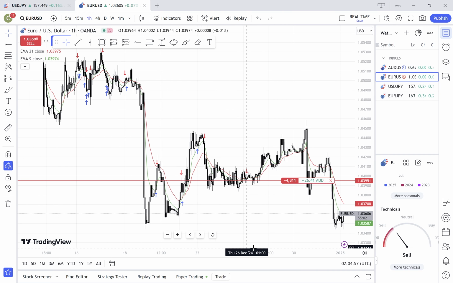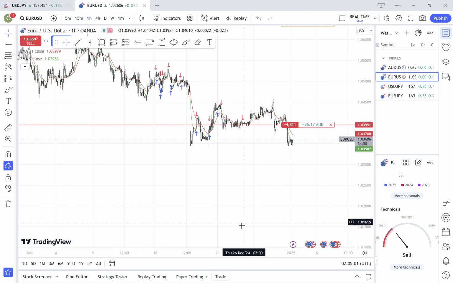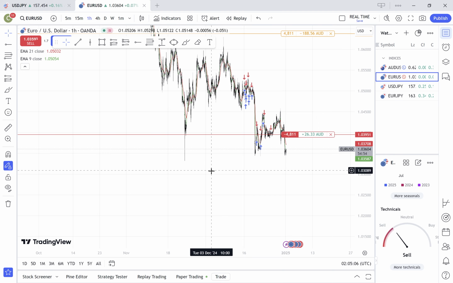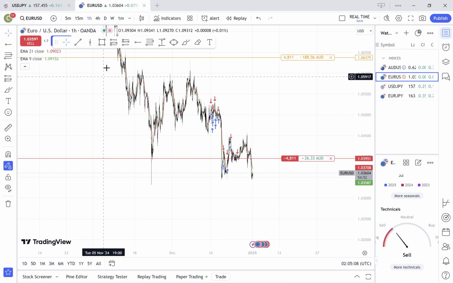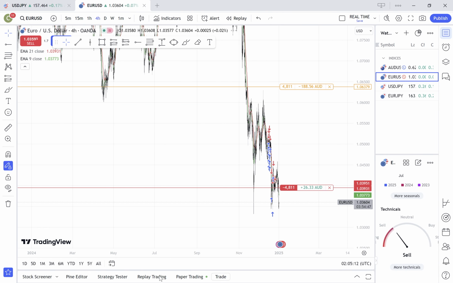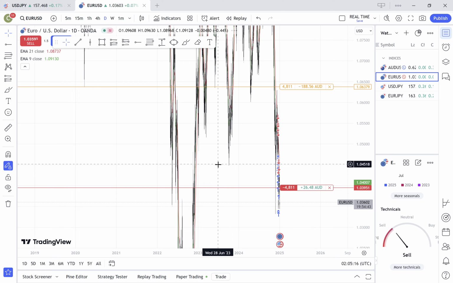So going about the chart here. Okay, so I think I should be ending this trade already.